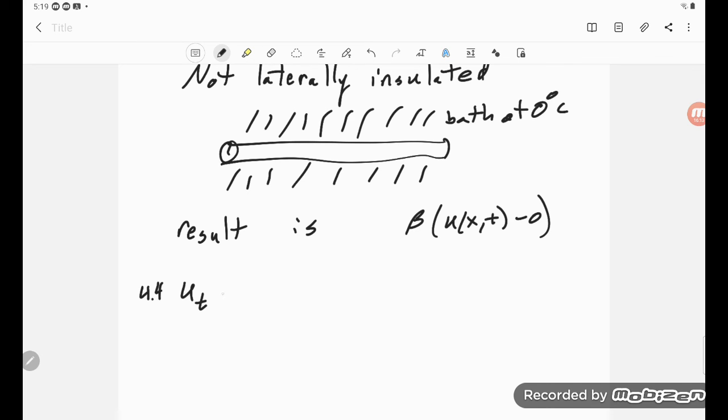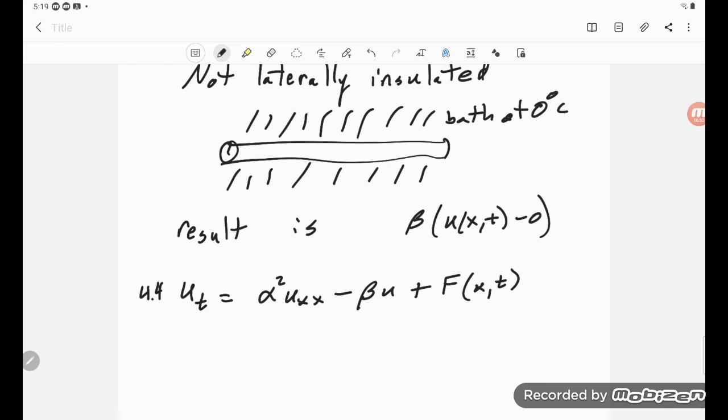U sub t is equal to the diffusion portion along the rod, but then minus that diffusion across the lateral part of the boundary, and then plus the F of x and t.